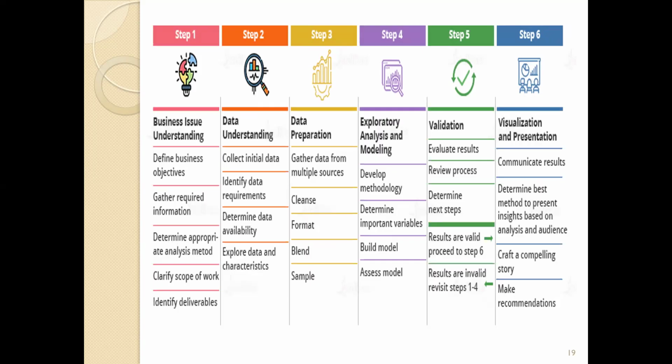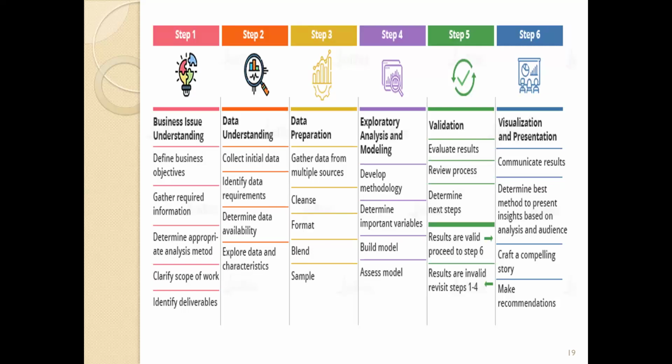The first phase deals with business issue understanding, the objective. It defines the objectives, gathers information, and clarifies what type of work is to be done. The second phase is data understanding. We collect the initial data, identify the data requirements, check for data availability, and explore data characteristics.